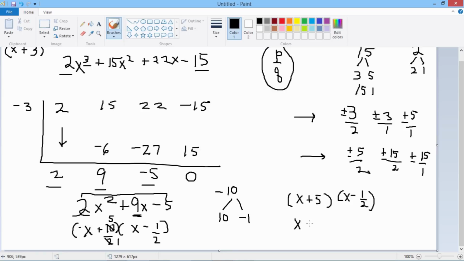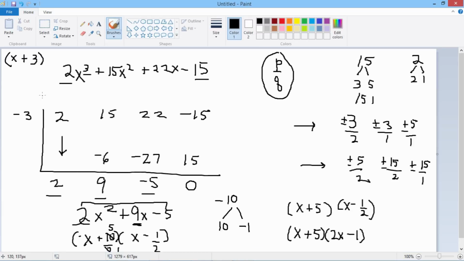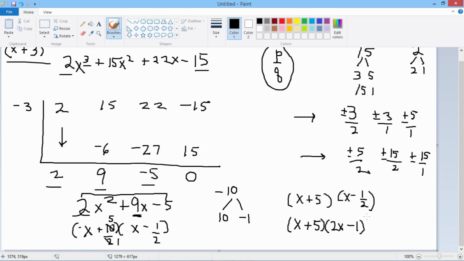So I get x plus 5, and I get rid of the denominator where it is and multiply it by x, 2x minus 1. And those give us our other two factors. And then remember, our original factor was x plus 3 because we saw the root was minus 3. So we've taken this polynomial and put it into factored form.